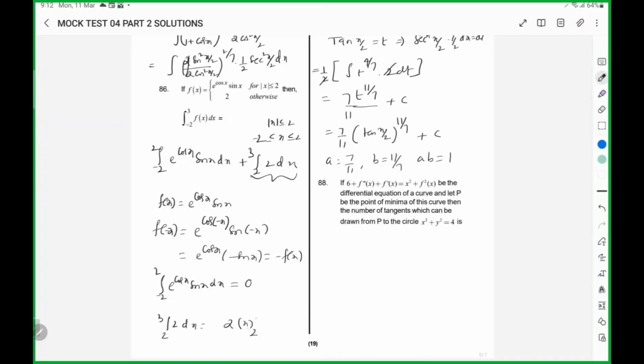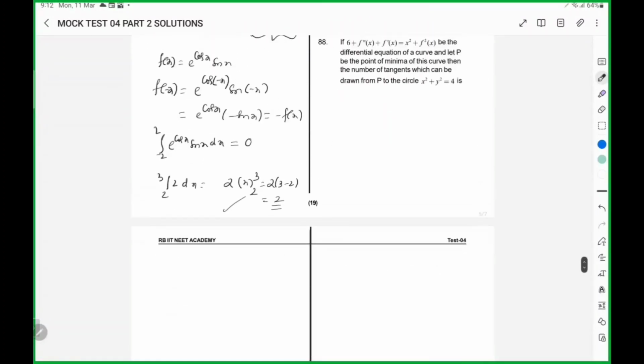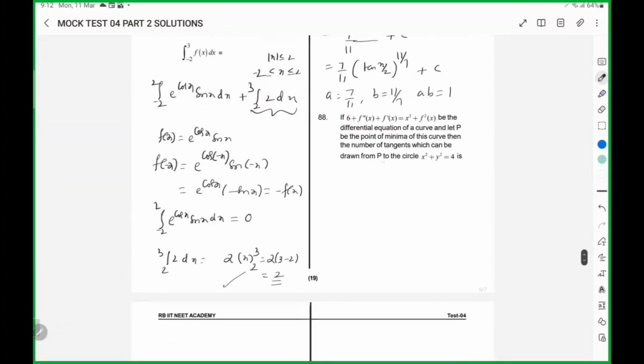So this one, 2 times integral dx. So here it is, the given equation, f double dash x plus f dash x is equal to x square f square x. Differential equation, point of maximum.